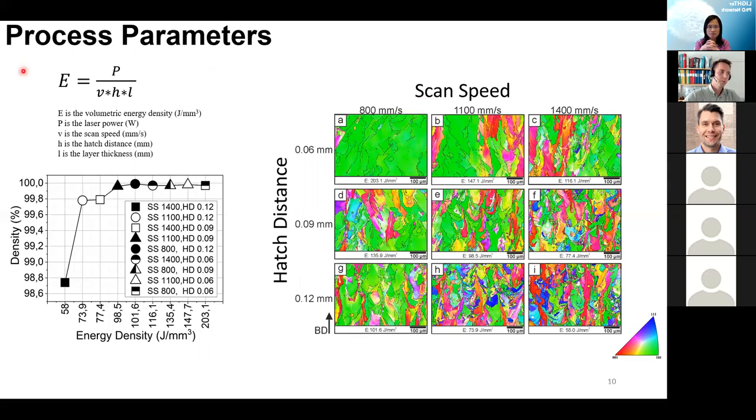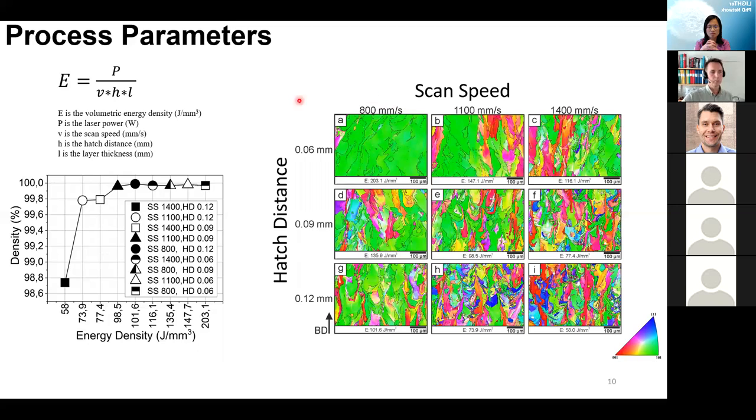One way to evaluate this is to use something known as the energy density function. The specific components are not important, but just know that we have a correlation between scan speed, layer thickness, and power, and so on. So what we did was that we changed scan speed, 3 different values, and then hatch distance, 3 different values there as well.